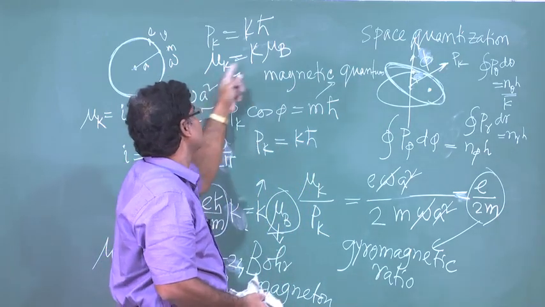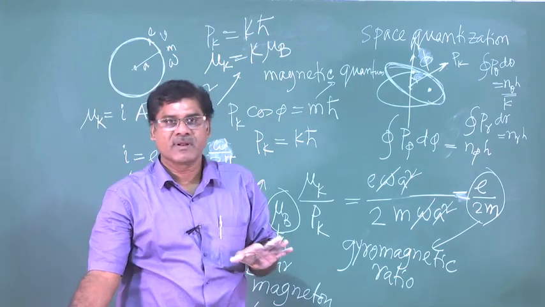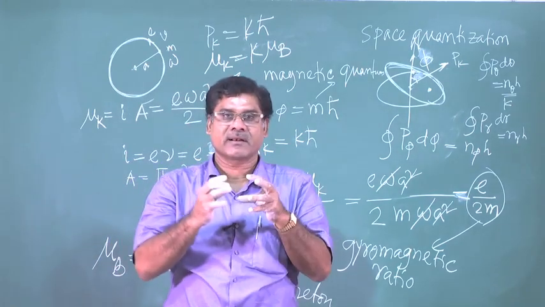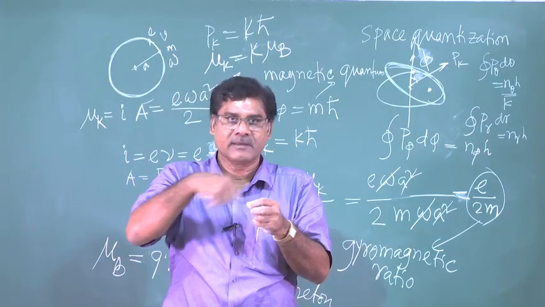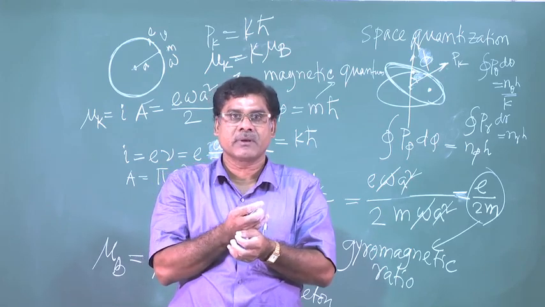So this is the relation. An atom has electrons, and electrons are in motion in different orbits, so it has a magnetic moment.